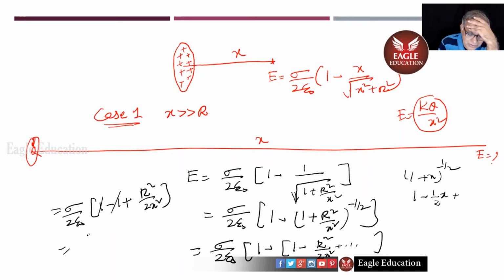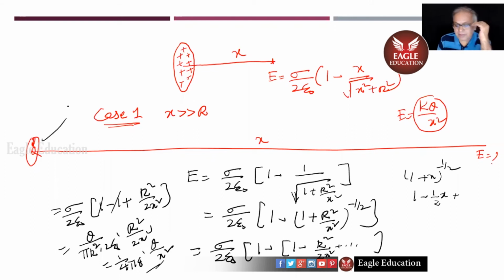Sigma will be written as q by pi r square, the charge density, into 2 epsilon 0 into r square by 2x square. So it will be 1 by 4 pi epsilon 0 q by x square, which is a point charge formula.